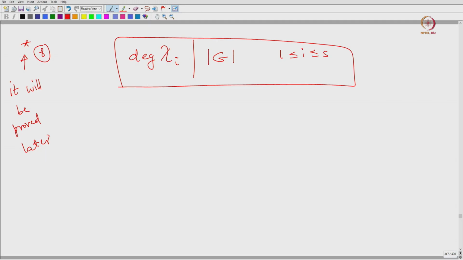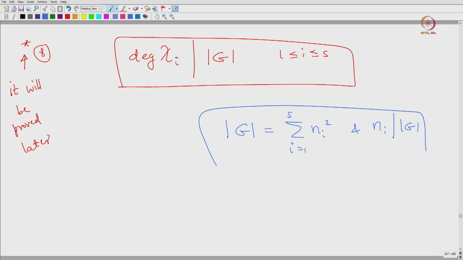So, we already have some important observations. We have observed that the cardinality of G is equal to the summation of n I square, I ranging from 1 to s, and this condition 8 also tells us that n I must divide the cardinality of G. That means these n I's cannot be very random.